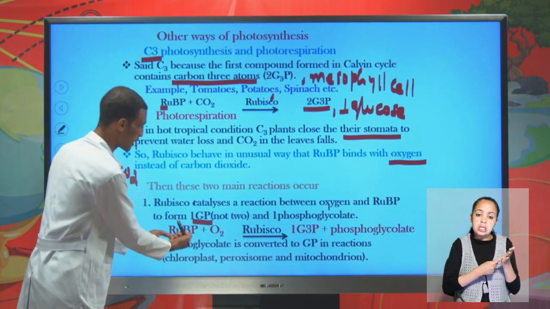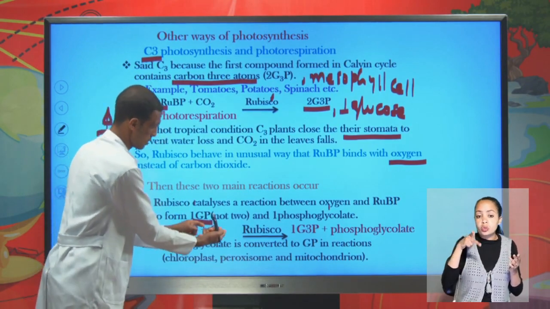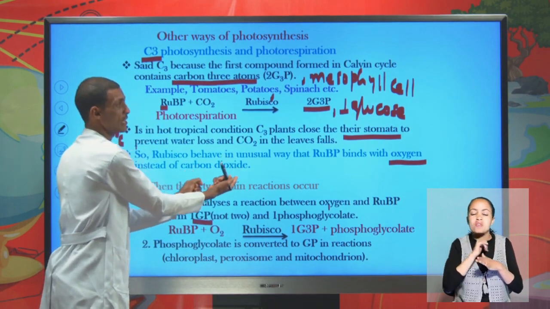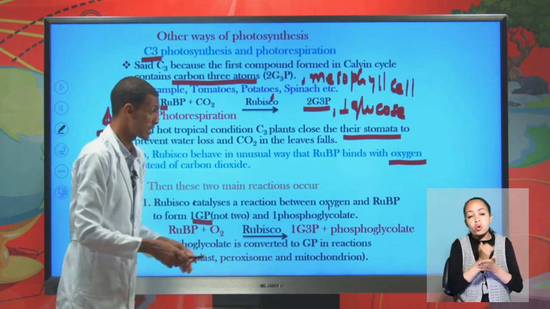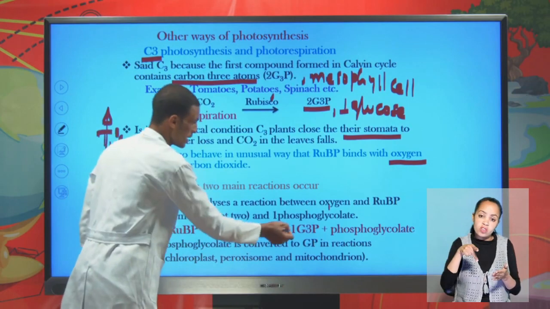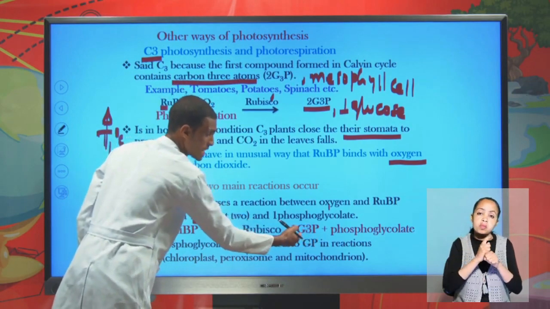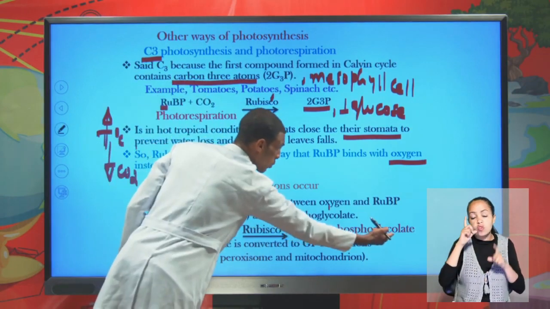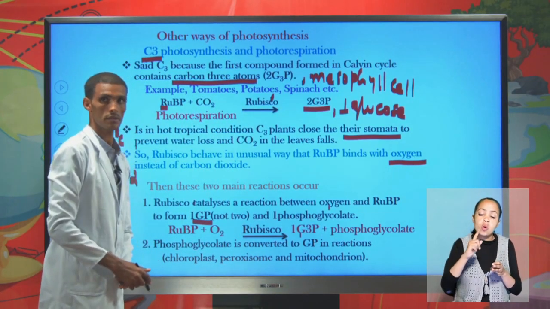Here, ribulose bisphosphate plus oxygen, because the amount of carbon dioxide in the leaf is not sufficient for production of phosphoglycerate. So it forms 1-phosphoglycerate, which is not enough for synthesis of glucose, and again phosphoglycolate.